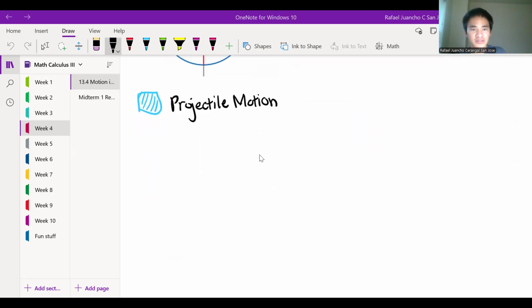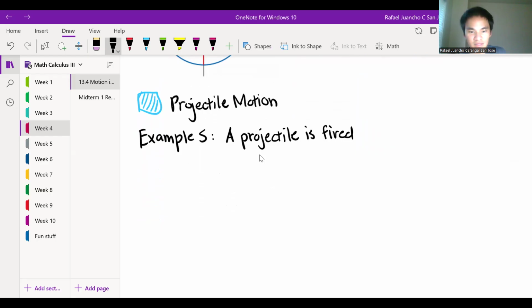So let's do an example here. Surprisingly, the textbook starts off with an example. It's saying that a projectile is fired with an angle of elevation.